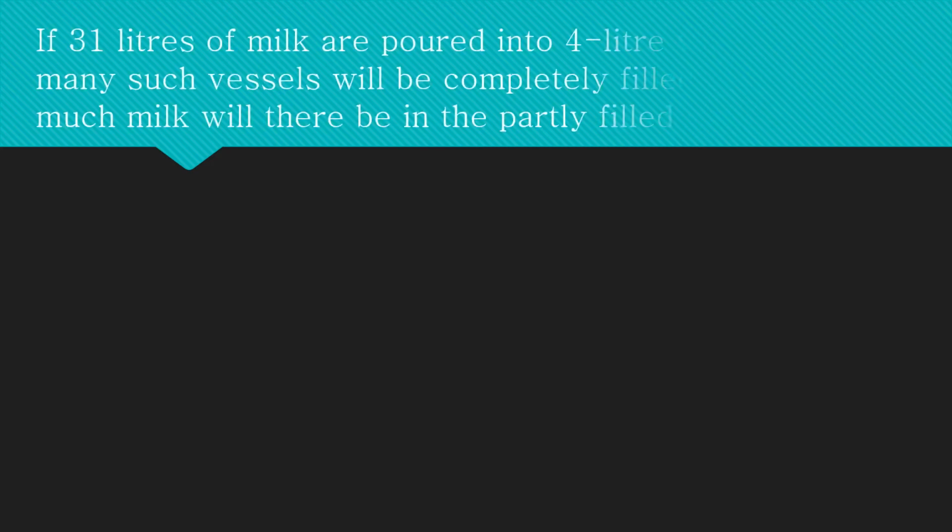Now next example. If 31 liters of milk are poured into 4-liter vessels, how many such vessels will be completely filled and how much milk will there be in the partly filled vessels?